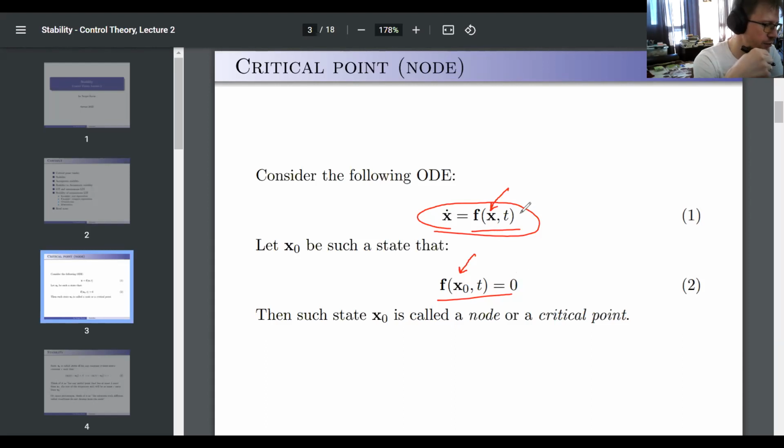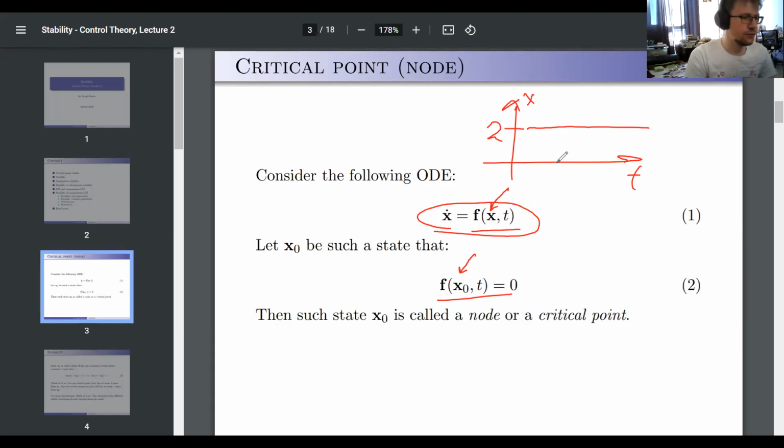That state is called the critical point or a node. Is it clear what we're trying to see here? For example, imagine if you have a system and the number 2 is such a critical node. It means that the solution is going to be just a line with respect to time.